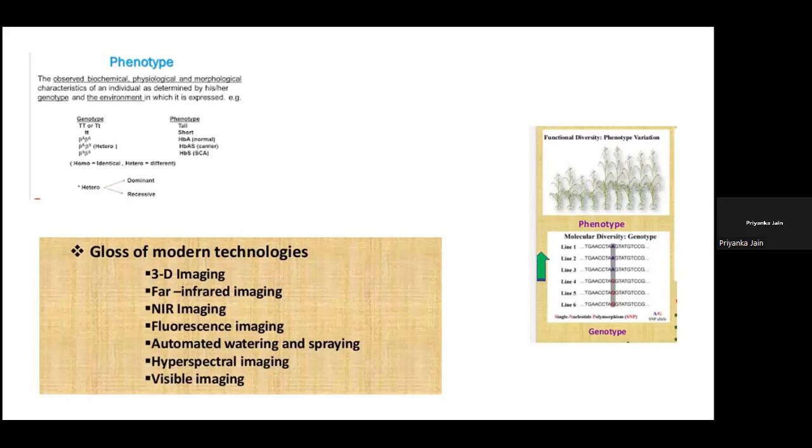Currently in plant as well as animal sciences, phenotyping has become very robust and high throughput. It is not just phenotyping 10 samples or 10 animals or 10 human beings. It is phenotyping at a very large scale.